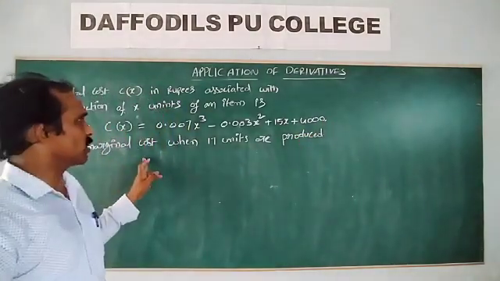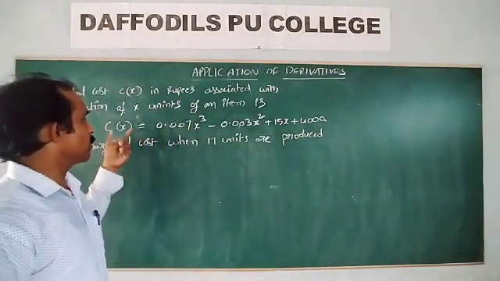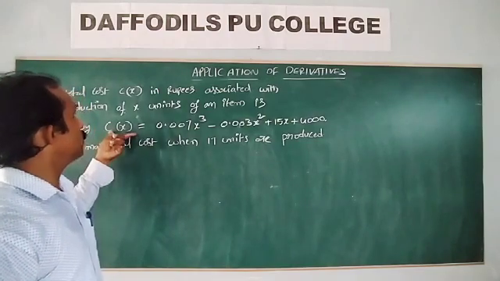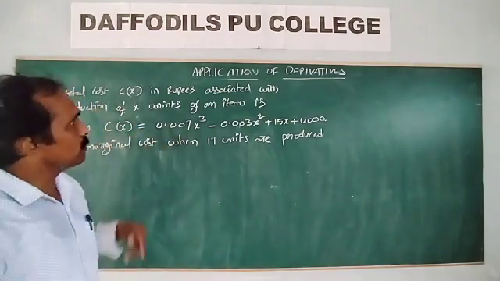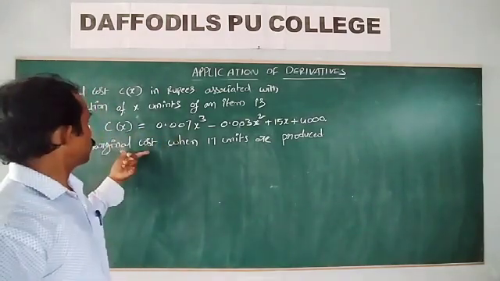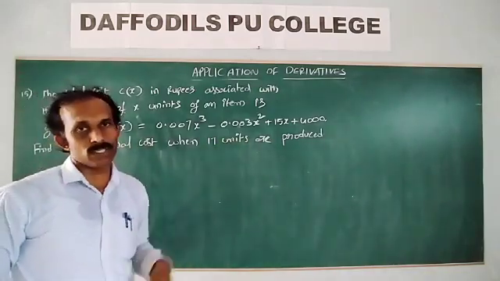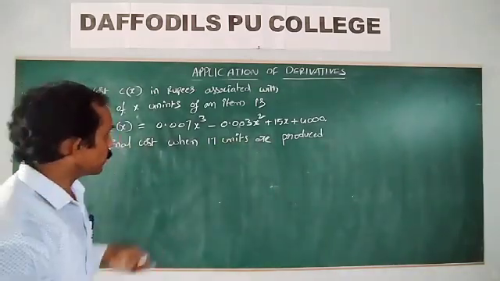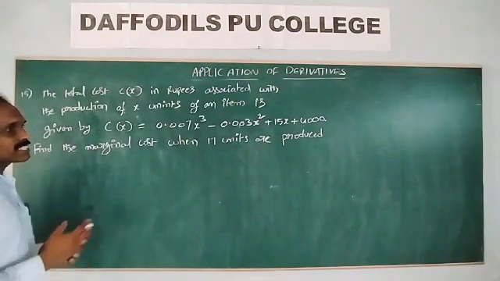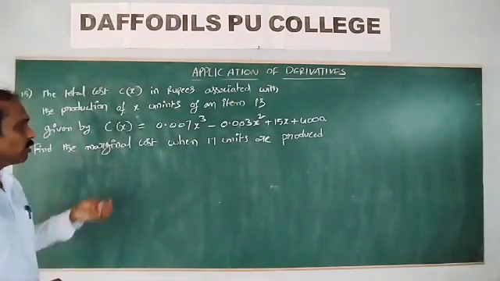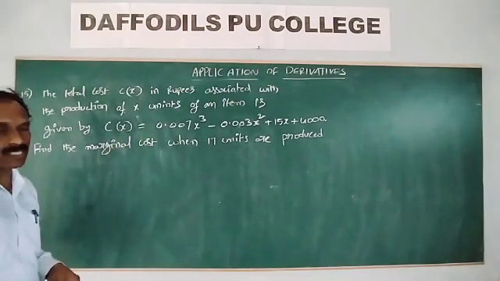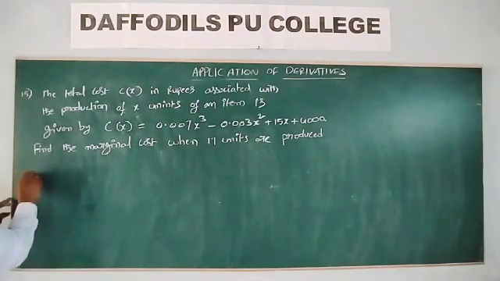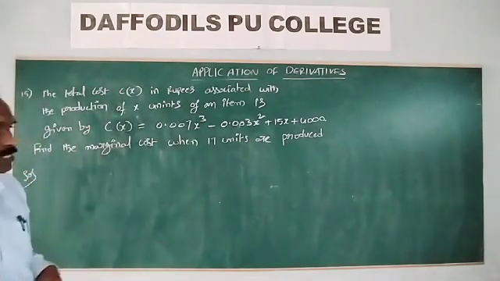Find the marginal cost. This is the given total cost of x units. The marginal cost when 17 units are produced, so we differentiate the change in cost. Marginal cost means the change in C of x, that is nothing but the derivative of C of x.